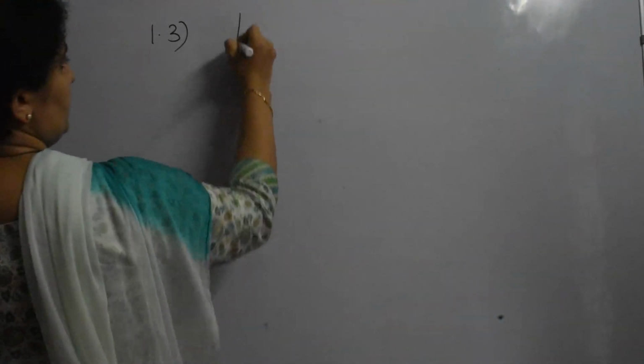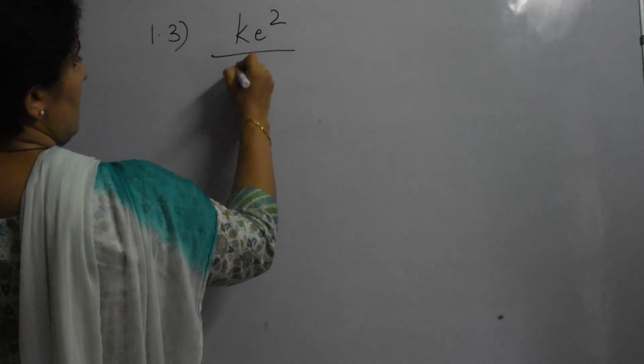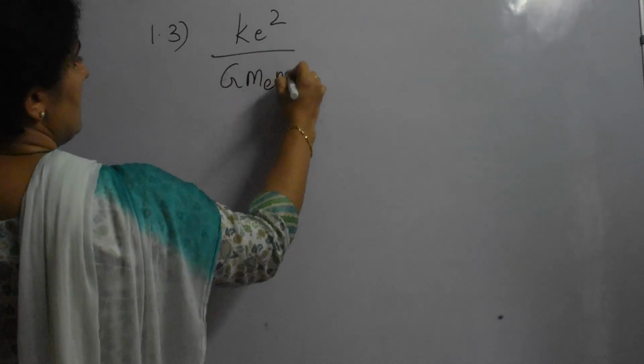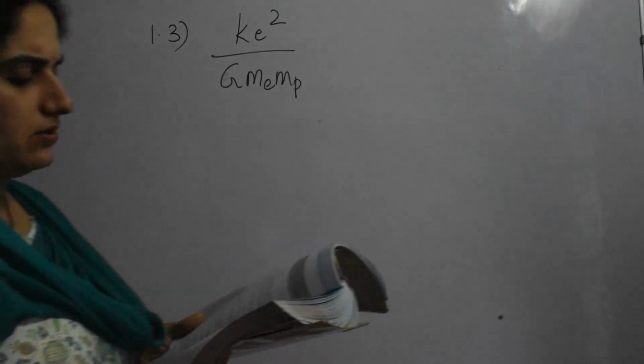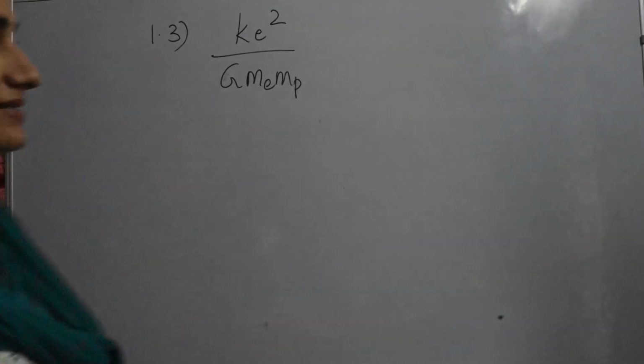Okay, 1.3. Check that the ratio K e square by G me mp is dimensionless. Look up a table for physical constants and determine the value. What does this signify?